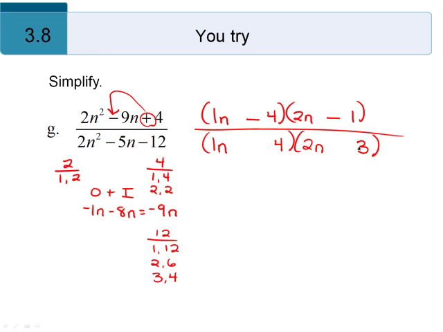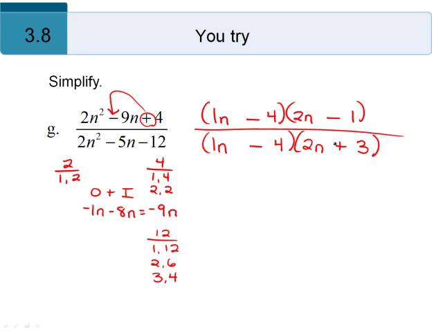Now here's the part that's hard, is that you just have to figure out the signs. Well, the last term is a negative, the negative 12. So that means my signs have to be opposites of each other. So I'm just going to guess, well, I don't know how to erase on this stupid thing. So I'm going to guess it right. I'm going to guess a negative and a positive, okay? Normally I put the positive first and then the negative, but I kind of figured it out ahead of time.